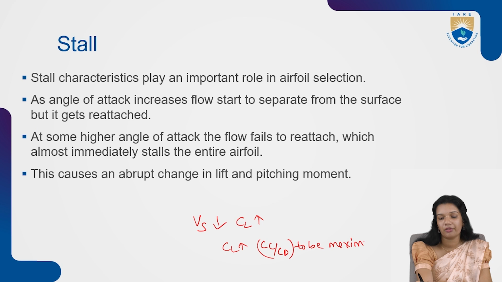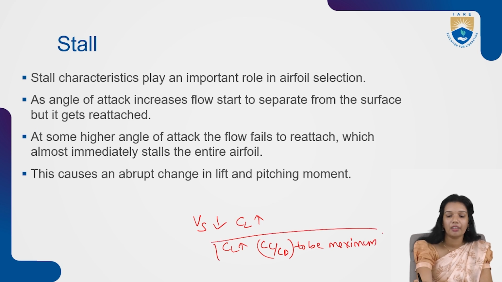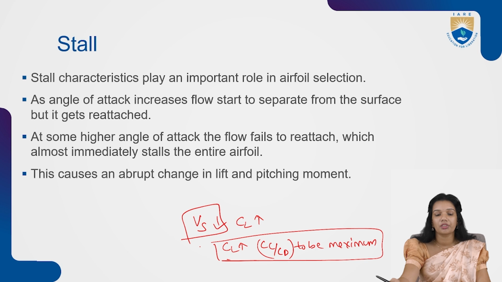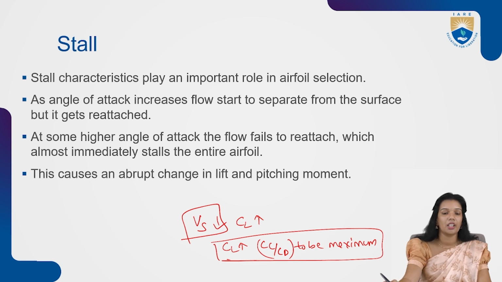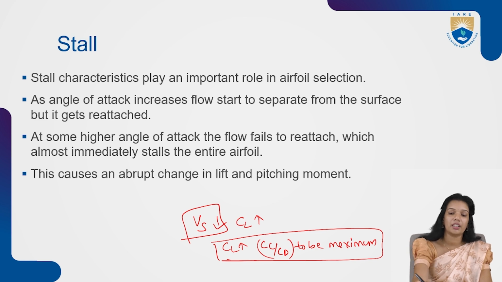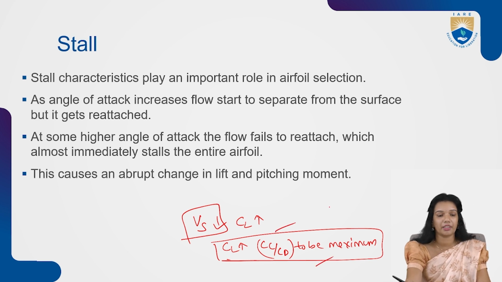So all I want is VS to be low; I don't want the stall to be too high. While selecting an airfoil, select it in such a way that all your conditions are satisfied.